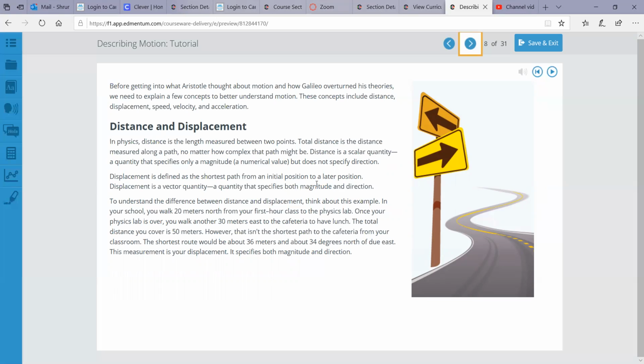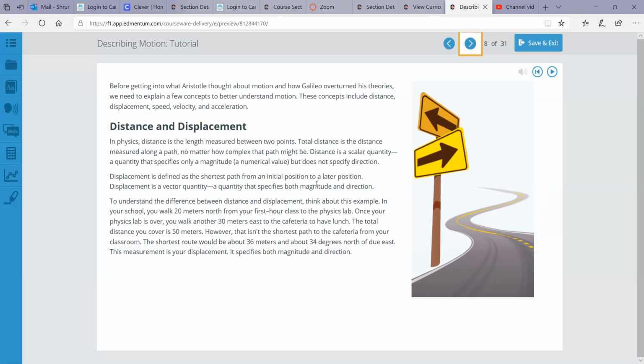In physics, distance is the length measured between 2 points. Total distance is the distance measured along a path, no matter how complex that path might be. And that means that distance is a scalar quantity. It just measures magnitude, just a generic numerical value, and it doesn't tell you which way you went.